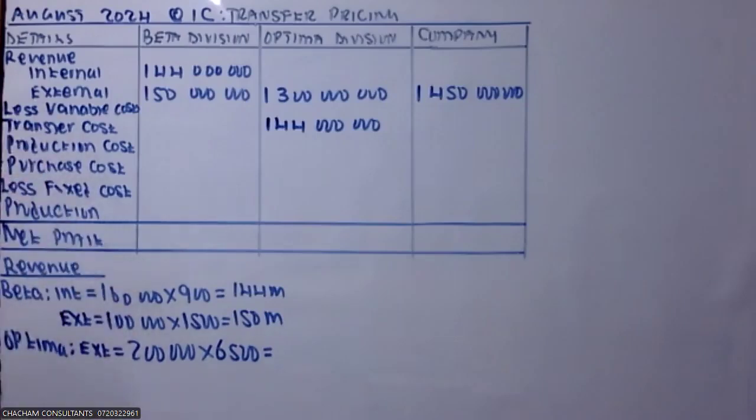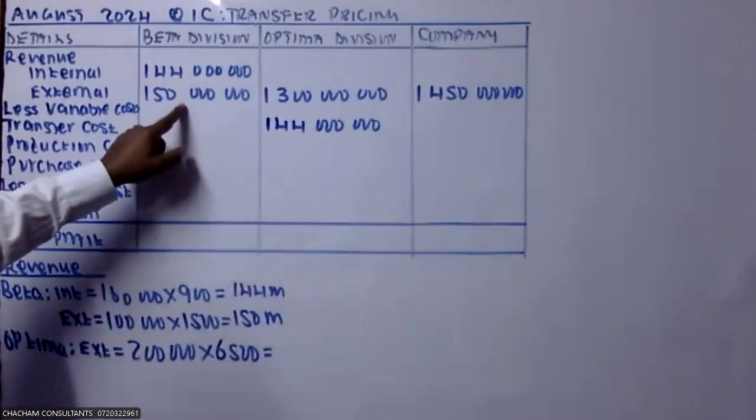Pardon about the 1,450,000,000? I'm saying that is for the two divisions, the external. Whatever is sold to the external is sold in the name of the company.